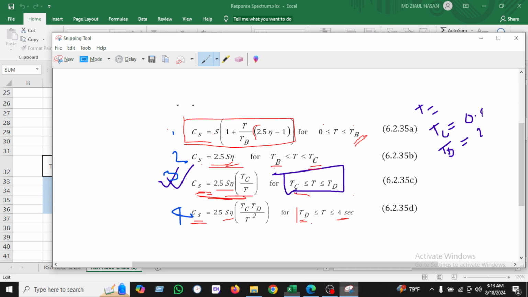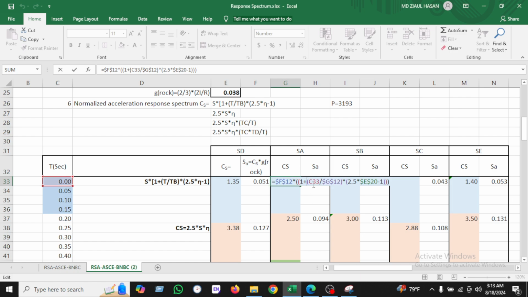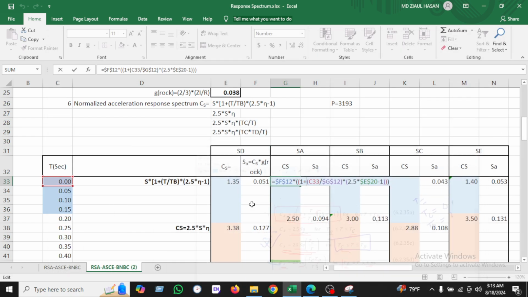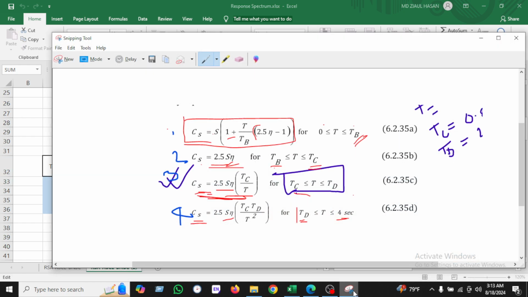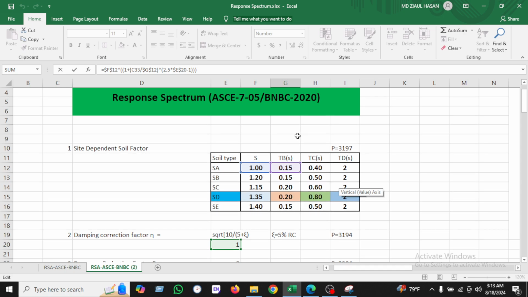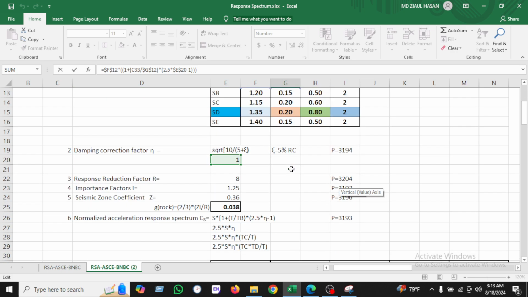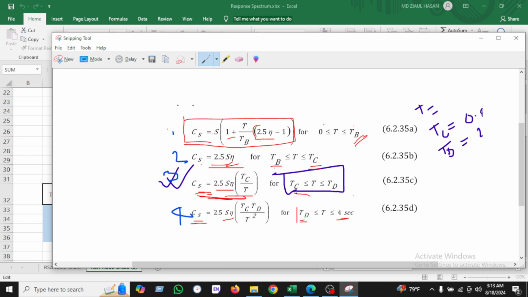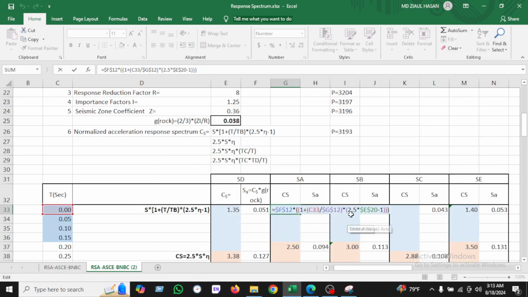So here is the into 1 plus T divided by TB. T means here C33, divided by TB, and TB is cell number G12, into 2.5 into eta.